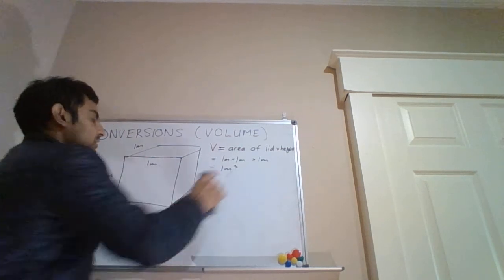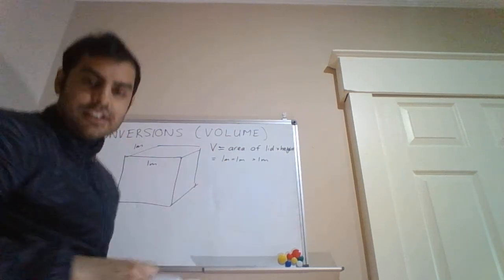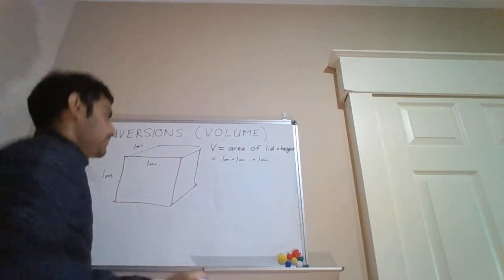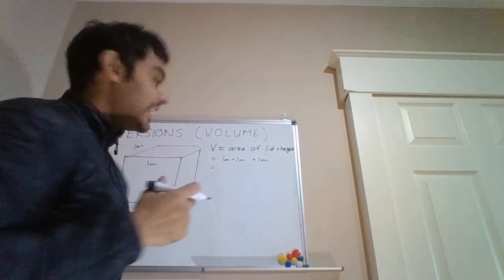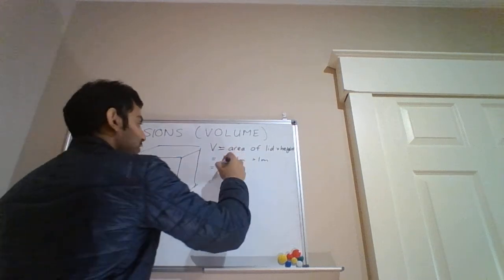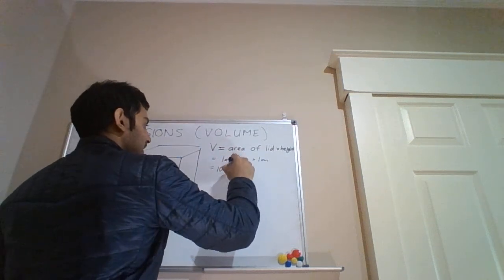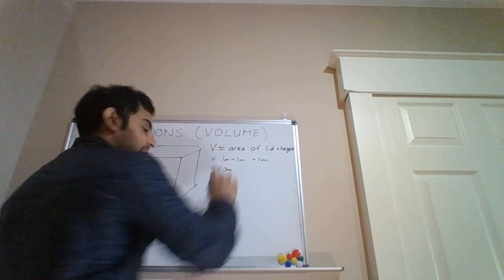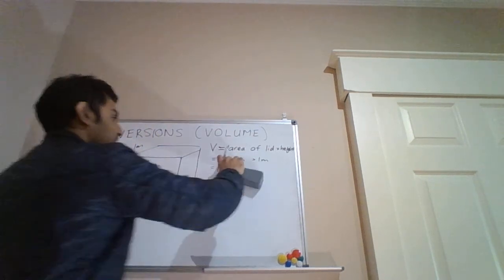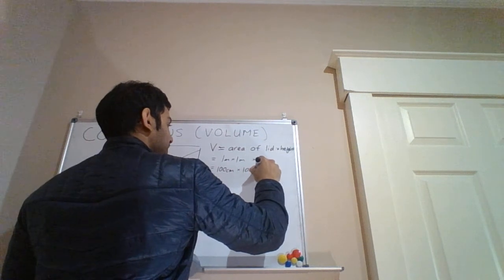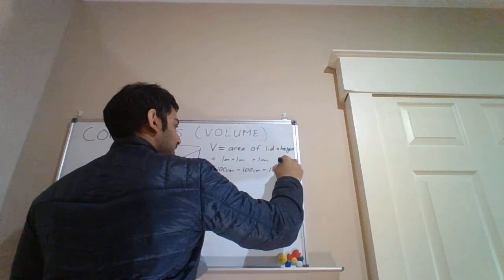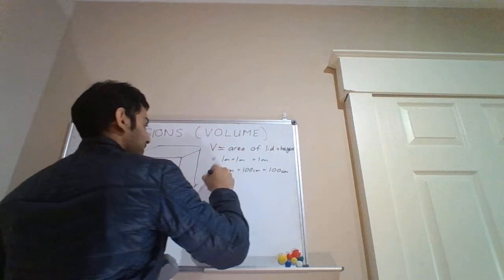Okay, so how do we convert to centimeters cubed? We use our conversion for length. We know that there are 100 centimeters in a meter. So instead of 1 meter, I'm going to write 100 centimeters for the first one, 100 centimeters for the second one, and 100 centimeters for the third one.